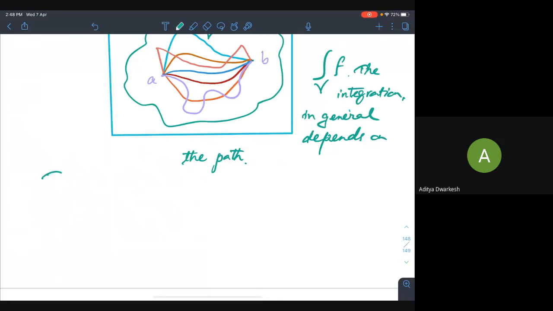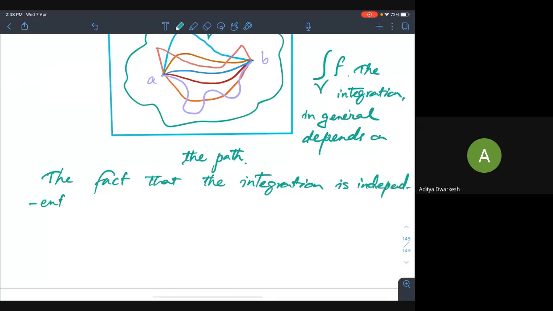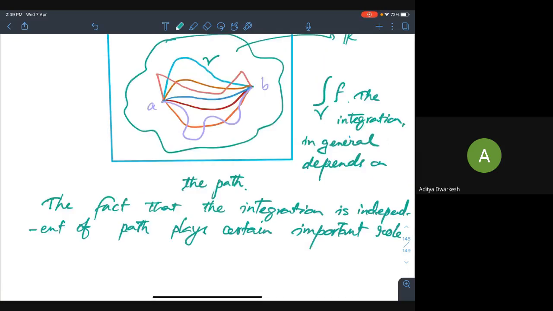So sometimes the fact that the integration is independent of path plays a certain important role, right? So sometimes we want to know whether this integration depends only on the endpoints, not the path how you go.